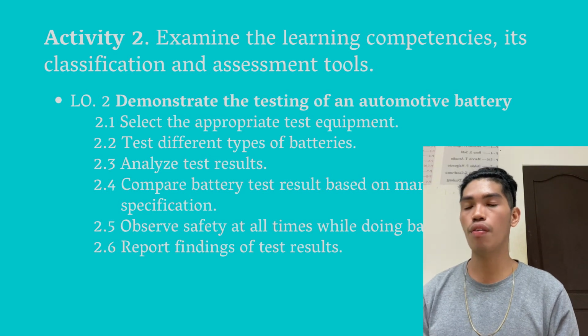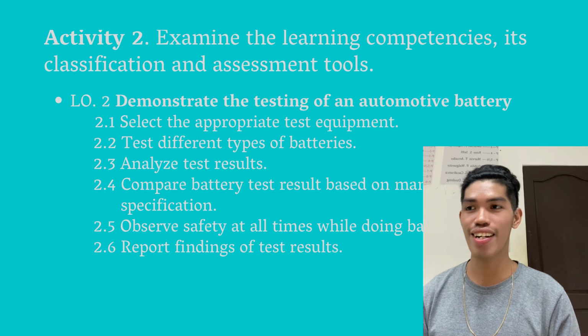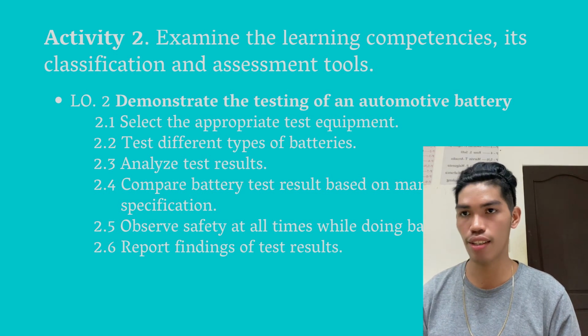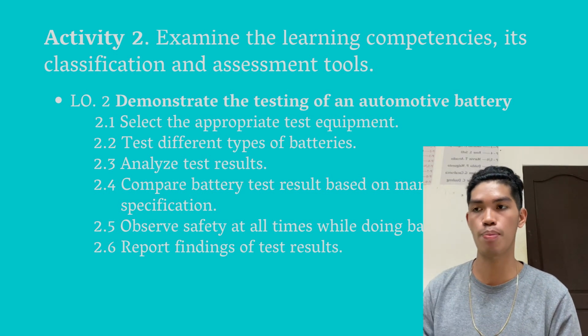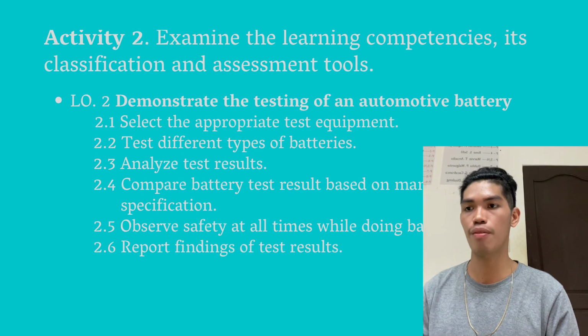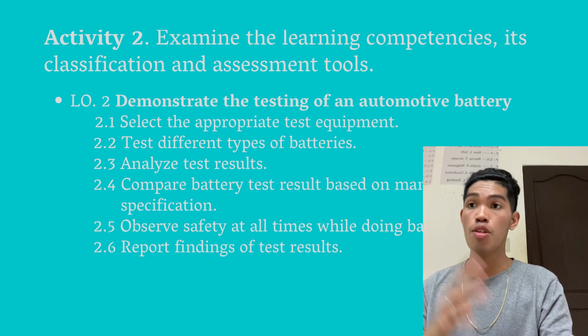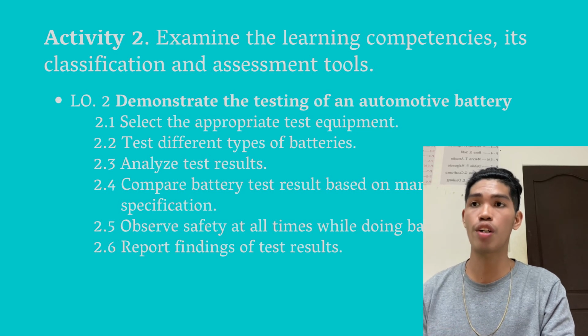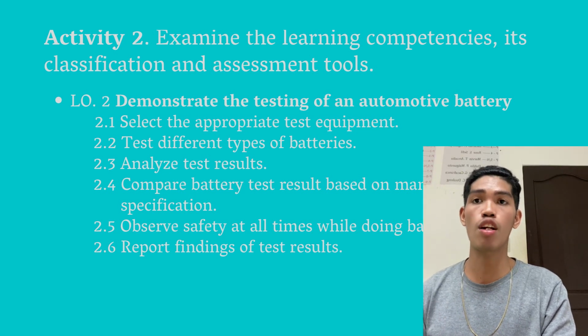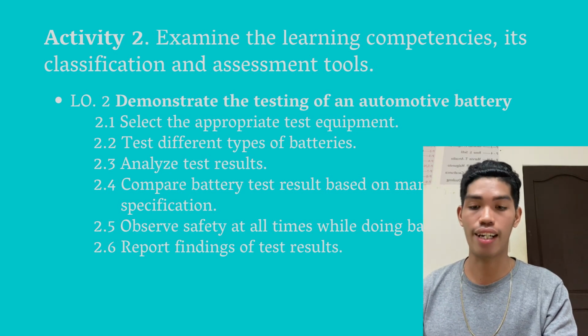Select the appropriate test equipment, test the different types of batteries, analyze test results, compare battery test results based on manufacturer specification, observe safety at all times while doing battery tests, and report findings of tests. So this is really a chronological order on how to test an automotive battery.